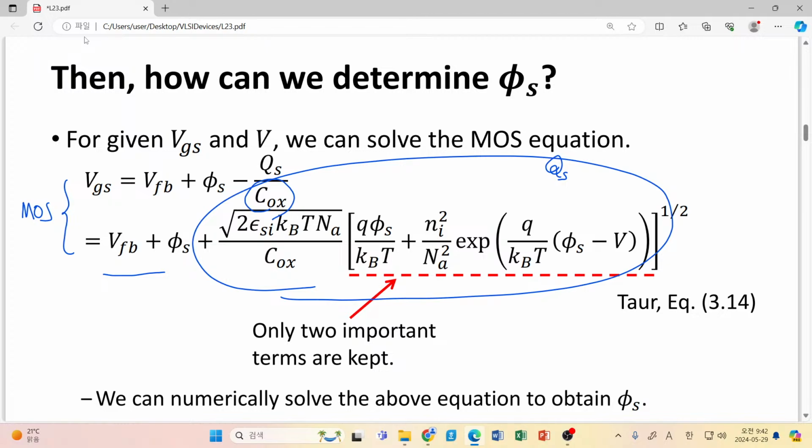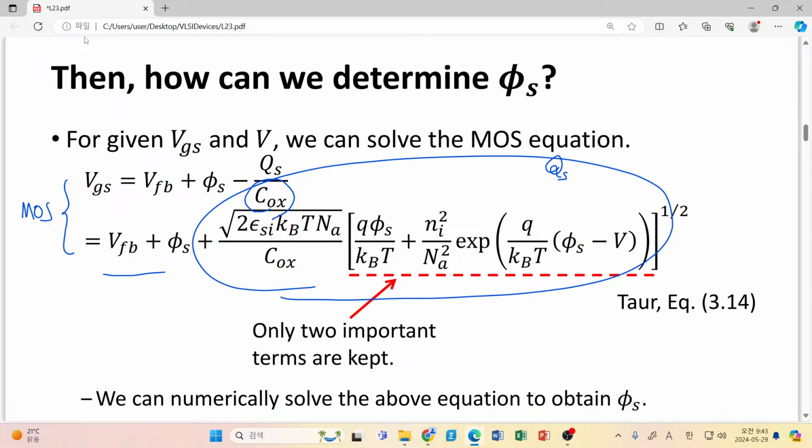Actually we have other terms corresponding to hole density and other terms. However, all of them are just neglected because when we consider the depletion region or inversion region, all of those terms are so small, so we can safely neglect them. Only two important terms are kept in this equation 3.14.